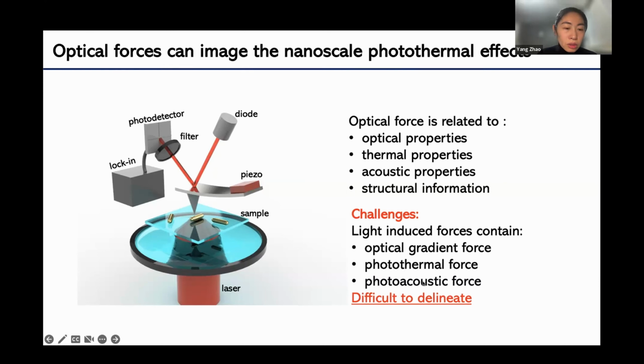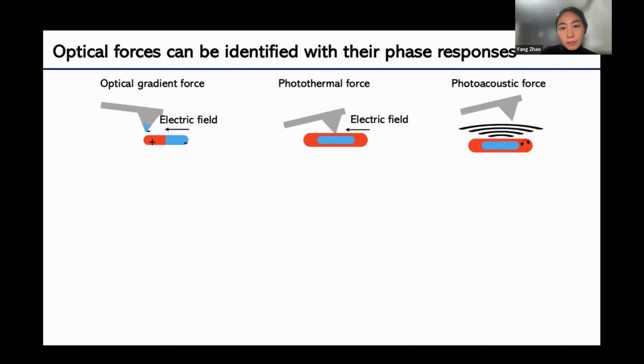This is called photoacoustic force. I think last week we had Li Hong's talk about photoacoustic microscopy. So a similar photoacoustic effect can be generated at the nanoscale as well. All these forces are induced by light. If we were to study only the photothermal force, we need another technique to differentiate all these forces. However, they come from the same source, so it's inherently challenging to delineate.